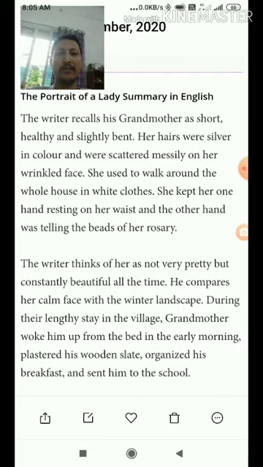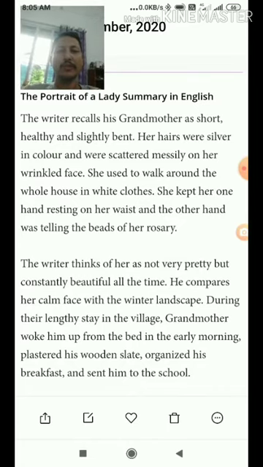Young men and girls have plain faces that attract others, but old people's faces are wrinkled. So she is an old lady, that's why she had a wrinkled face.